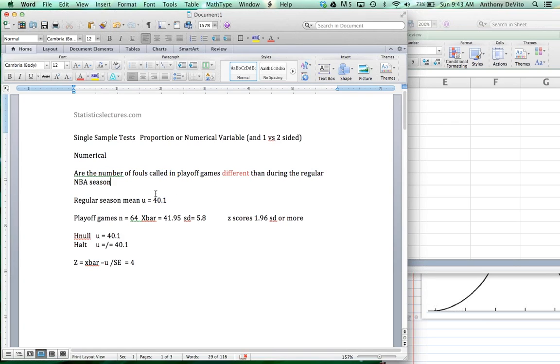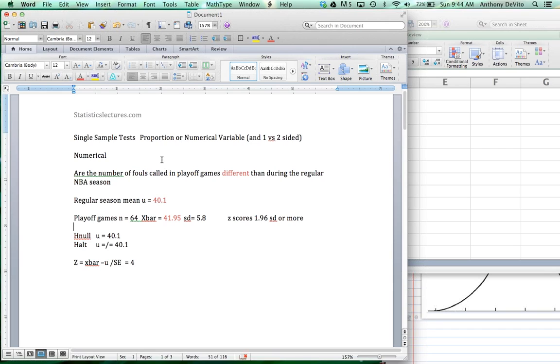We're not trying to prove anything more than that. It's one of the reasons it's always good to set up an alternative hypothesis before you start working, or even before you start collecting data, because notice the playoff games' average was higher than the regular season. Once we get the data in, we're almost encouraged to say, oh gee, it looks like during the playoff games they give out more fouls.